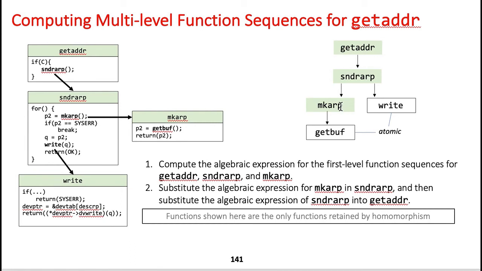So in the next few slides, we'll see that we are computing the function sequences for makeArp, sndArp, and getAddress, and we are going to substitute those function sequences from makeArp into sndArp, from sndArp into getAddress.